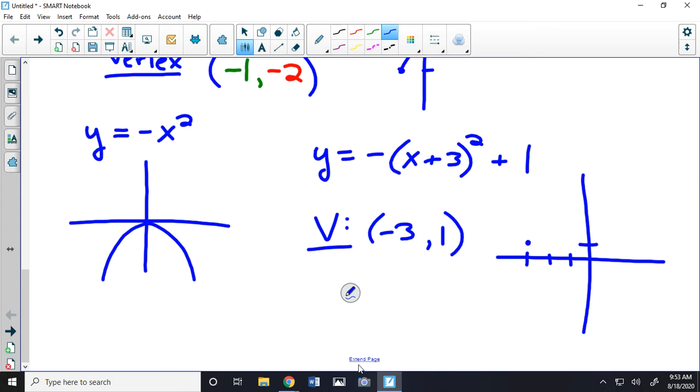So that will be right there. And then it's a parabola because of the x squared. It's got a negative in front, so it's opening downward. So that's what I want to see for that graph.